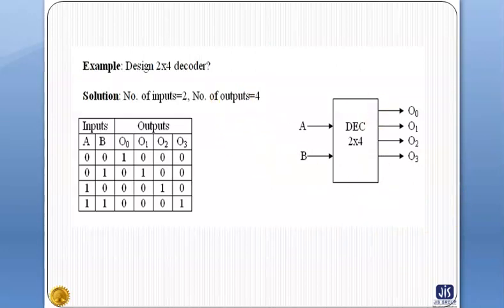This is a 2 to 4 line decoder. Here the number of inputs is 2 and the number of outputs is equal to 4. So actually it is a binary to decimal converter.